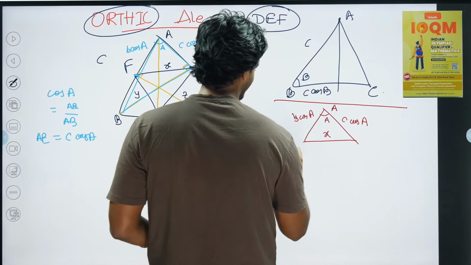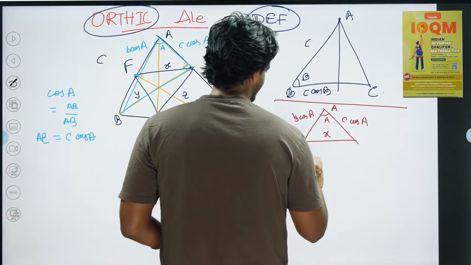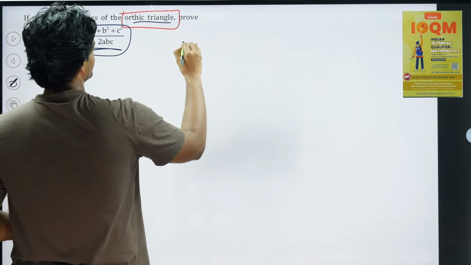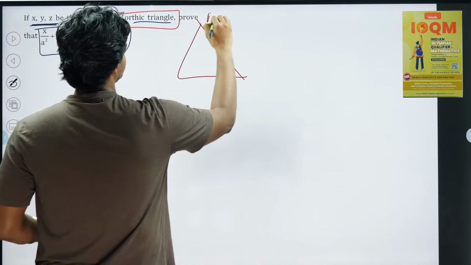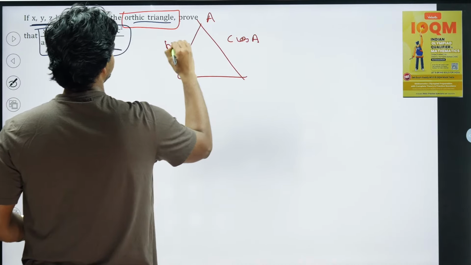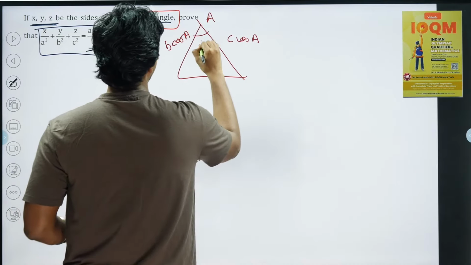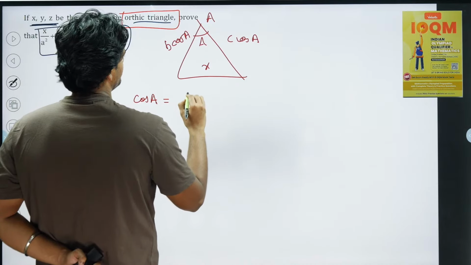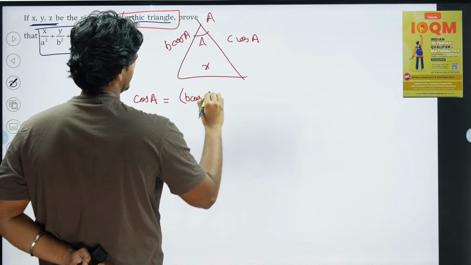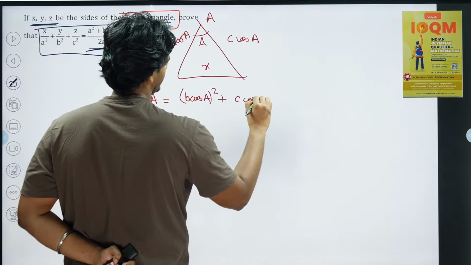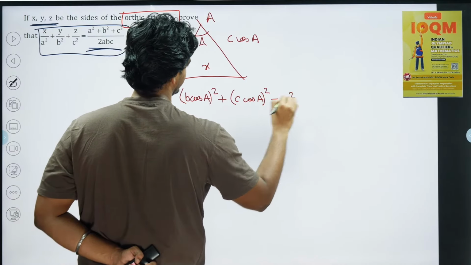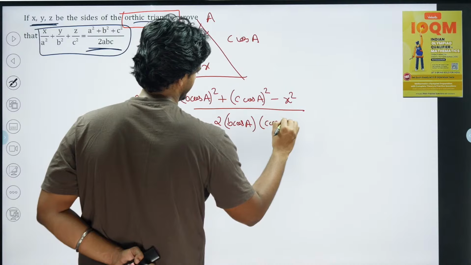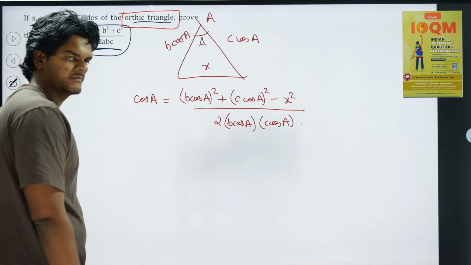So cos A is equal to (b cos A) whole square plus (c cos A) whole square minus X square, by 2 into b cos A into c cos A.